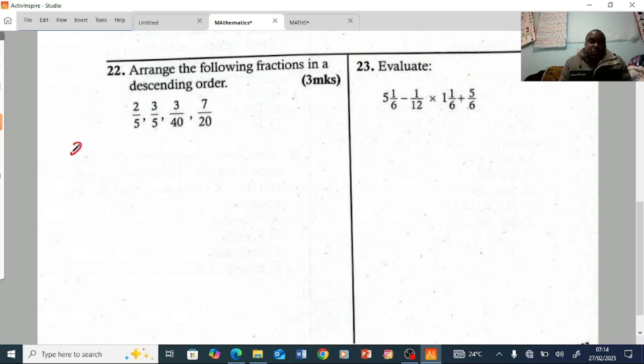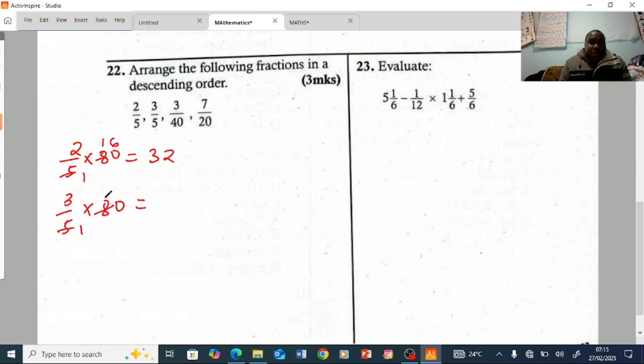So we say 2 over 5 times 80. 5 goes into 80 16 times, so 16 times 2 is 32. The other one is 3 over 5 times 80, our LCM.